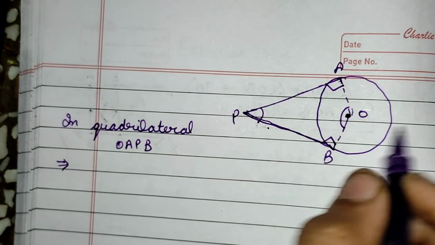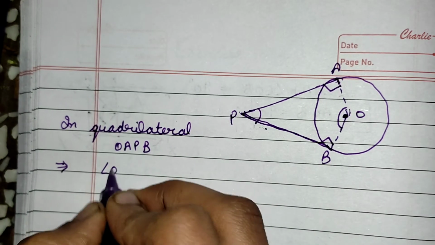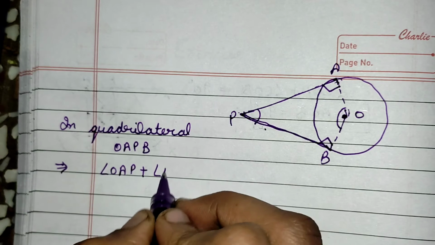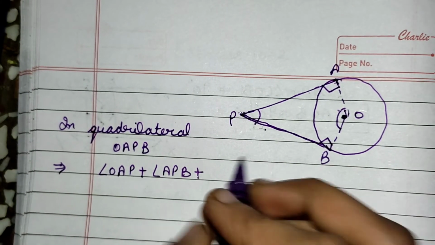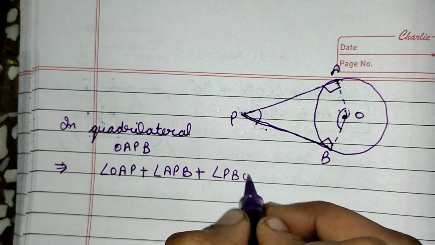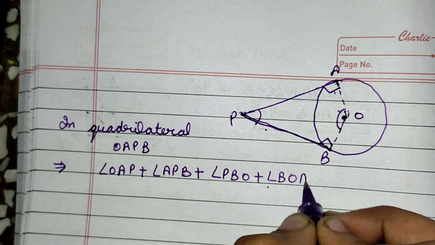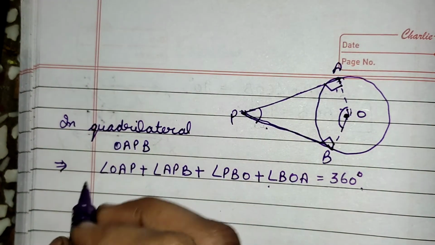So write down the sum of all angles. That means angle OAP plus angle APB plus the third angle, PBO, plus angle BOA. This is equal to 360 degree, right?